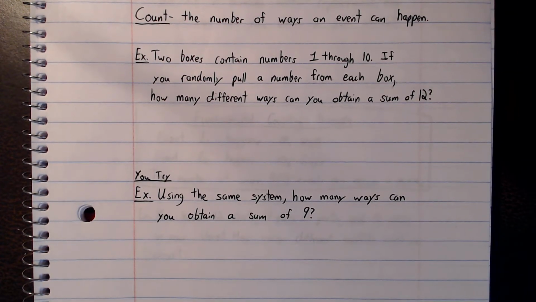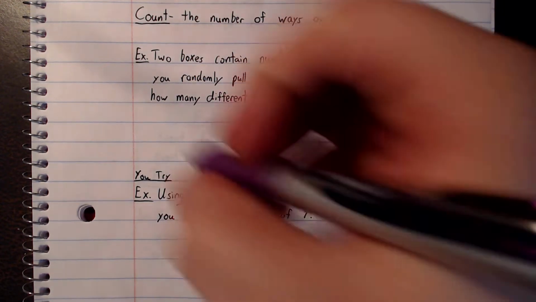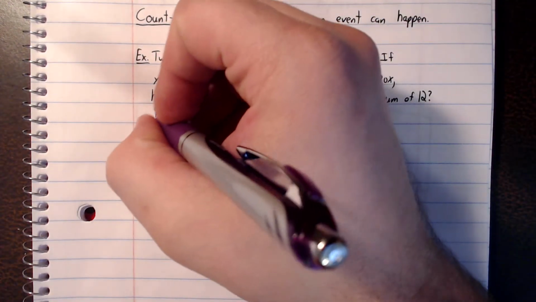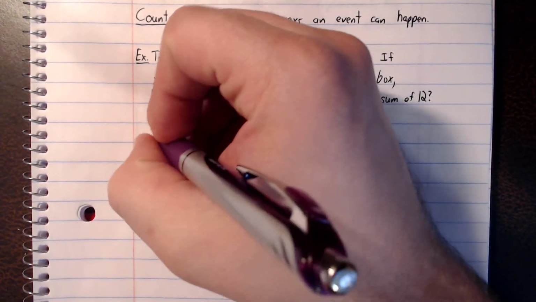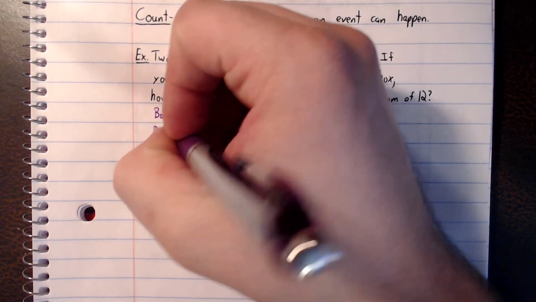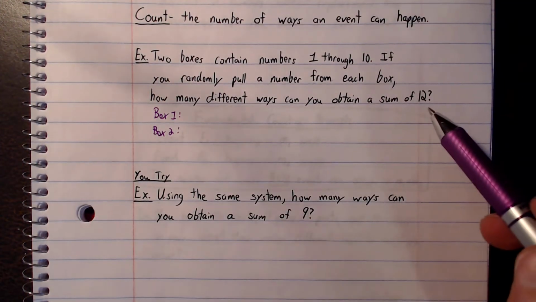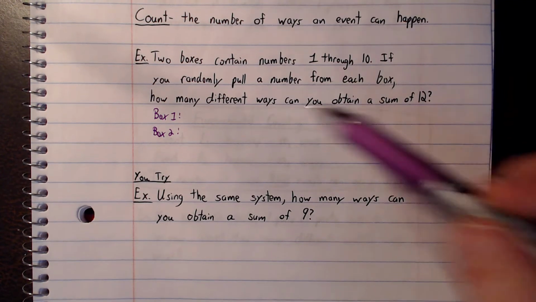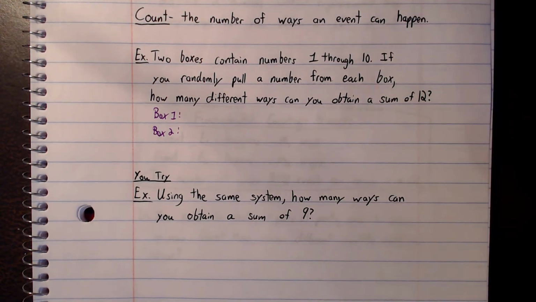Okay, 2 boxes contain numbers 1 through 10. If you randomly pull a number from each box, how many different ways can you obtain a sum of 12? So let's think about what's happening here. We've got box 1 and box 2. We want to add 2 numbers that I pull, one from here and one from here, to make them equal 12, right?